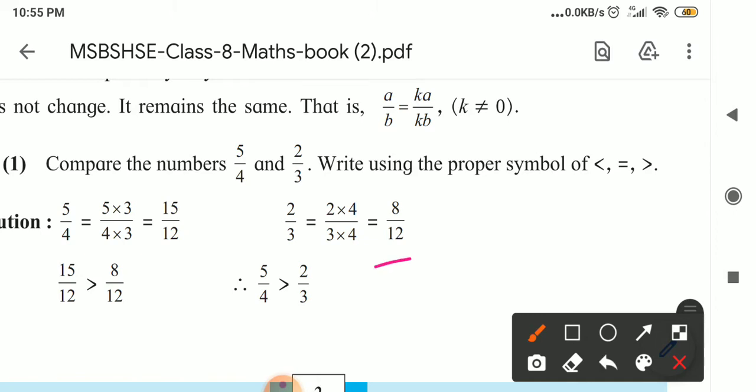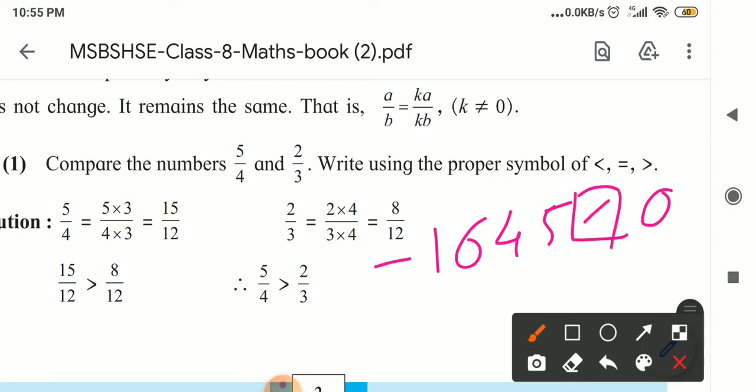If I write minus 1645 and 0, then in comparing these, minus 1645 is smaller than 0. Why? Because it is negative.